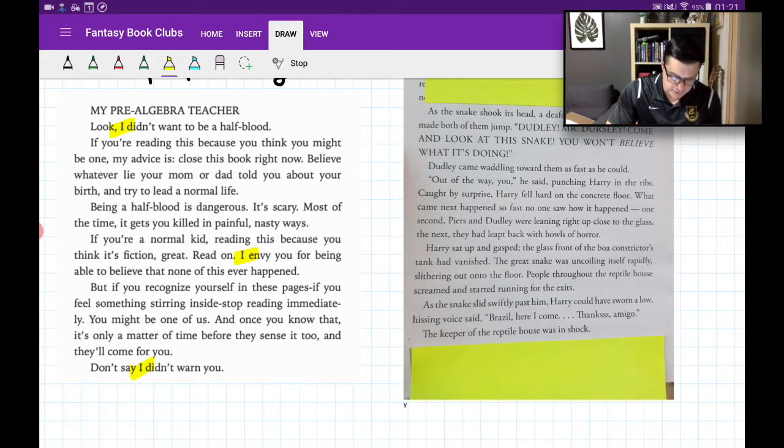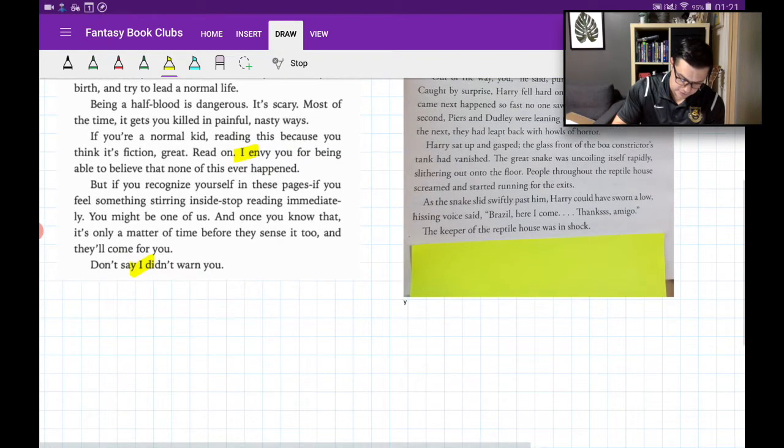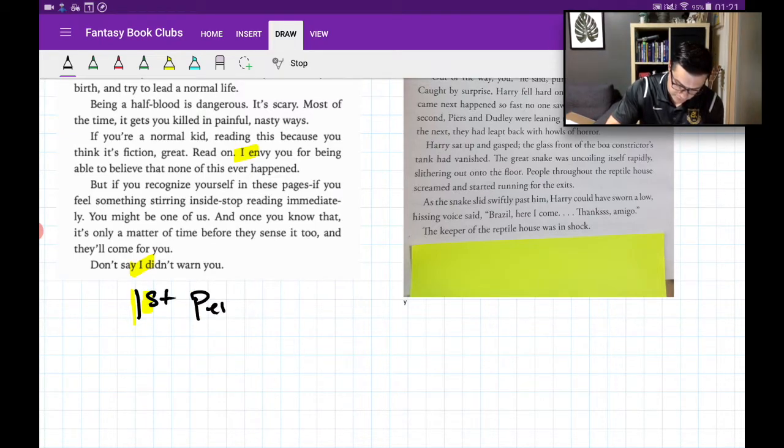So here it's clear that we're experiencing the story through the eyes of the main character. And if you remember earlier units in the year, we had those glasses that we'd put on, and we'd say we need to step into the character's shoes, see through their eyes. So this is first person. It's called first person point of view.